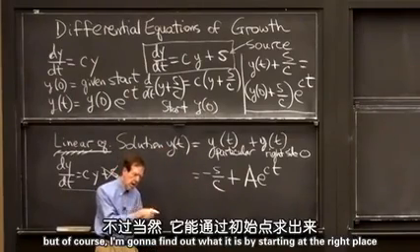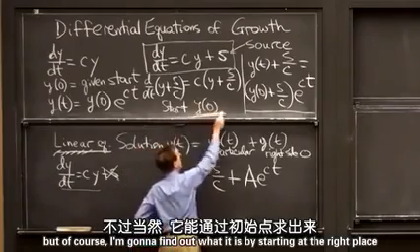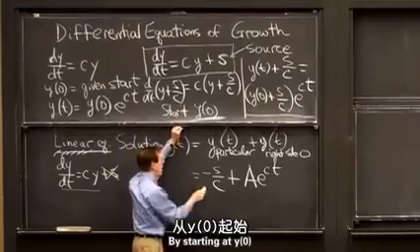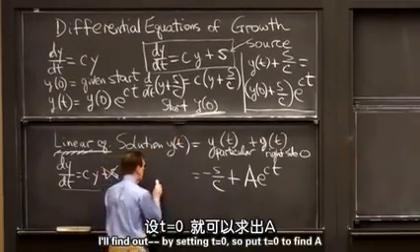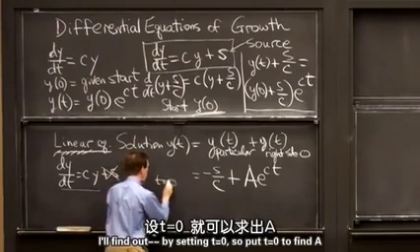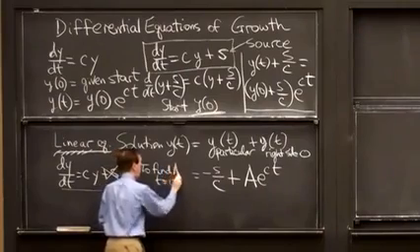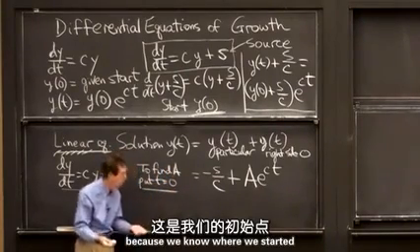But of course, I'm going to find out what it is by starting at the right place. By starting at y of 0, I'll find out by setting t equals 0. So put t equals 0 to find a, because we know where we started.